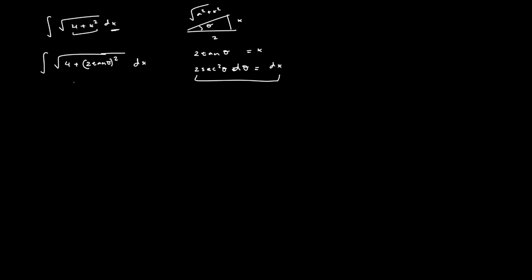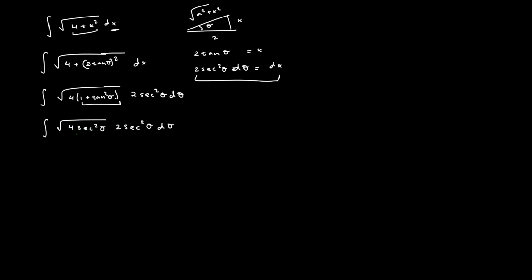So we end up getting the square root of 4 times 1 plus tangent squared theta, and then substituting for dx, times 2 secant squared theta d theta. Now, using another trig identity, I know 1 plus tangent squared theta is simply equal to secant squared theta. So this is the square root of 4 times secant squared theta times 2 secant squared theta d theta.